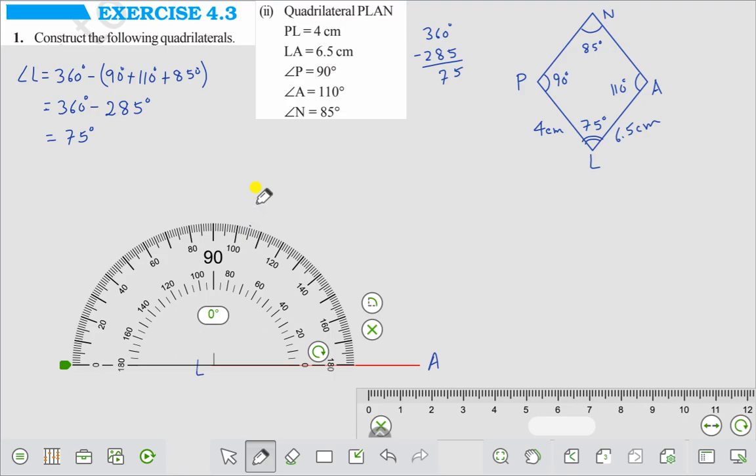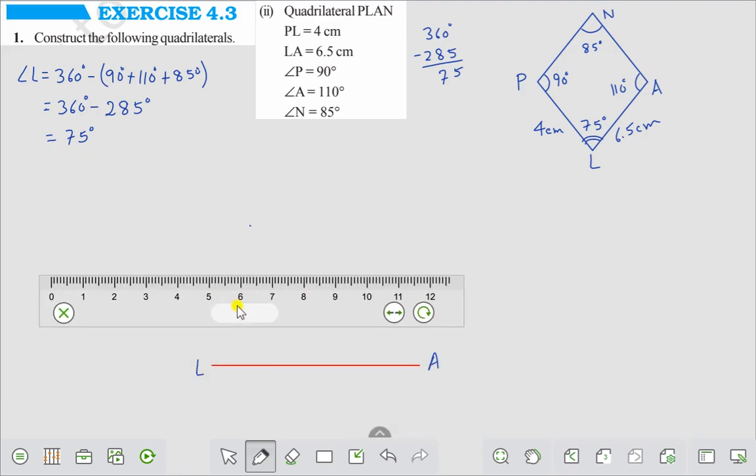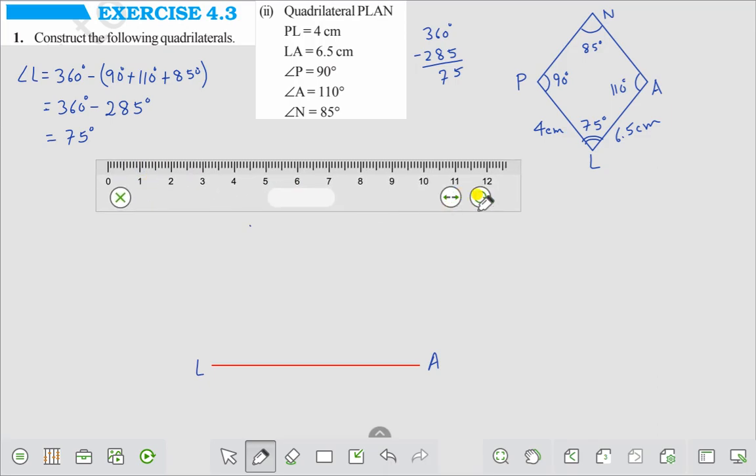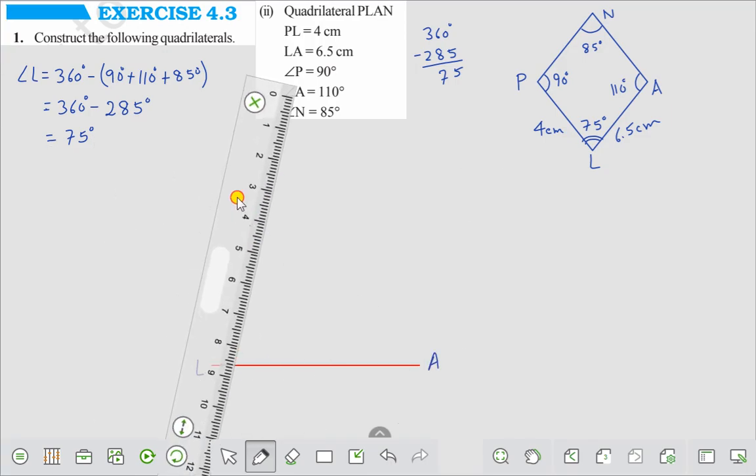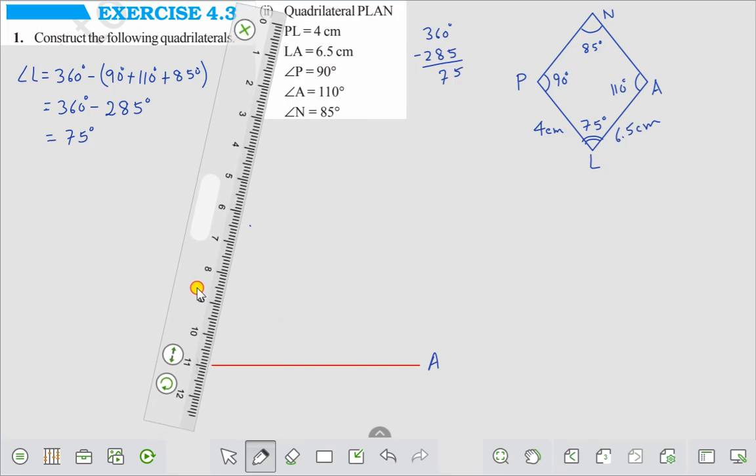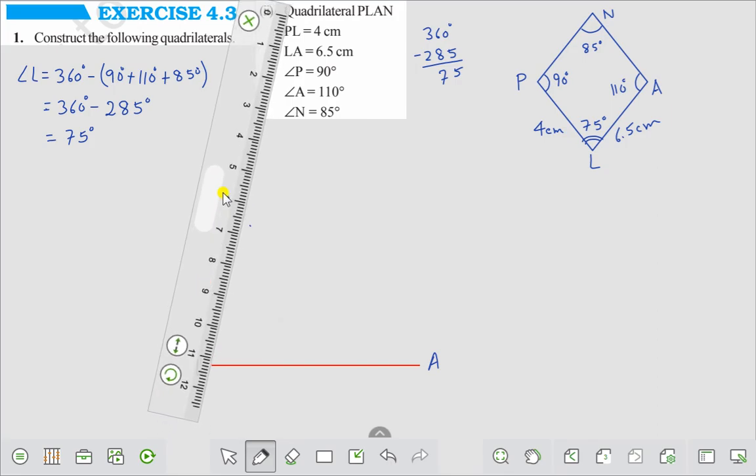Now, we'll draw an angle of 75 degree at the point L with the help of this ruler. Let us draw this line of 75 degree here.